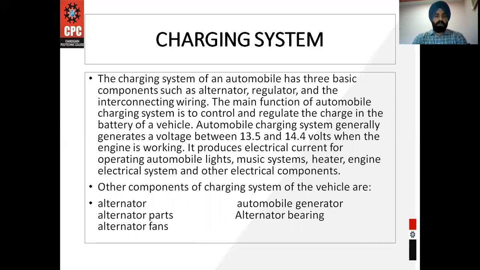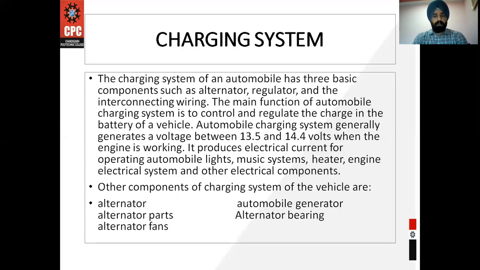And next is a charging system. The charging system of an automobile has three basic components such as alternator, regulator, and the interconnecting wiring. The main function of automobile charging system is to control and regulate the charge in the battery of a vehicle. Automobile charging system generally generates a voltage between 13.5 volts to 14.4 volts when the engine is working.